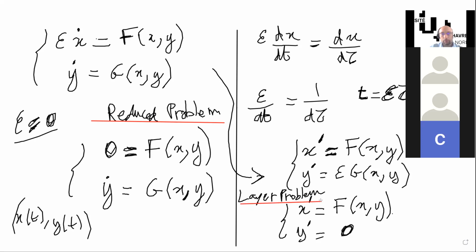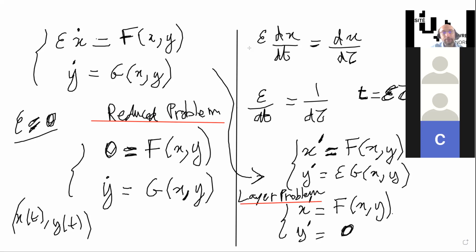So I come back. You have this equation here. Epsilon is small, right? So the question is, if I take epsilon equals 0, I should get something which is close, right? Epsilon is very small, so just take it 0.